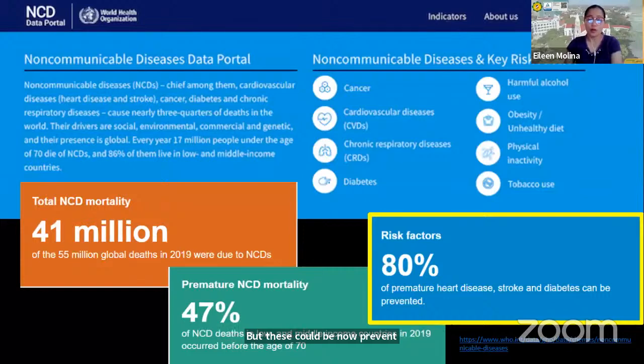One of the things that I'd like to share with you is the WHO objectives, or I could say strategies, when it comes to the prevention and management of non-communicable diseases. Let's go to the next slide.